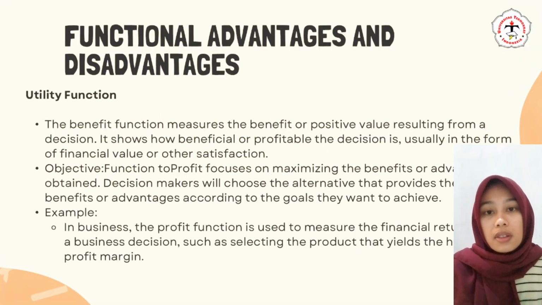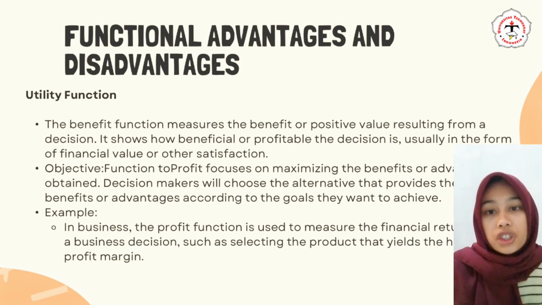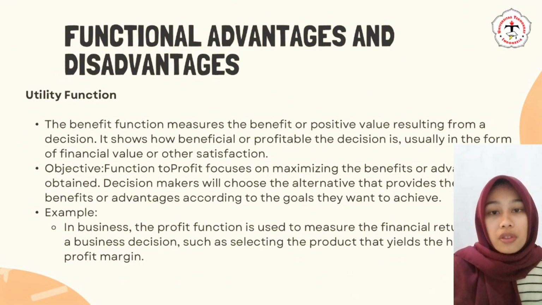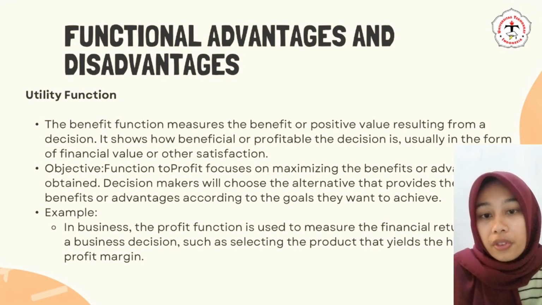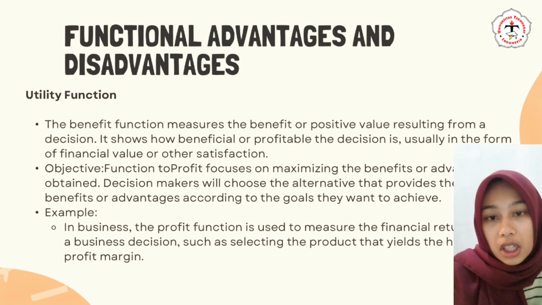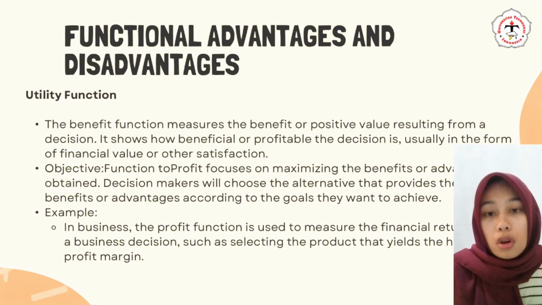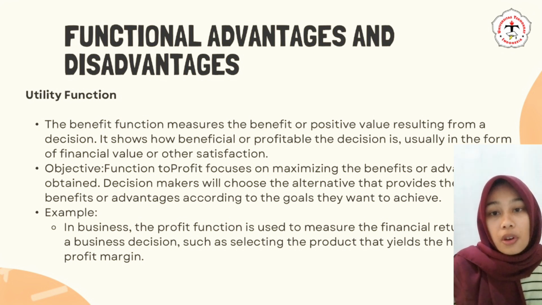Then the function of advantage and disadvantage. Profit function. The profit function measures the benefit or positive value resulting from a decision. This shows how useful or profitable the decision is, usually in the form of financial value or other satisfaction. Objective. The profit function focuses on maximizing the profit or benefit obtained.